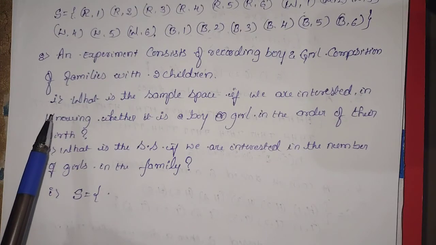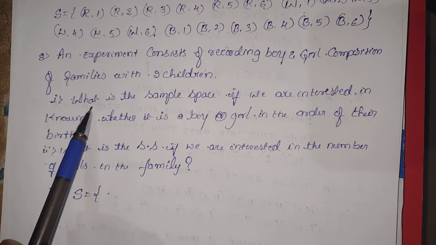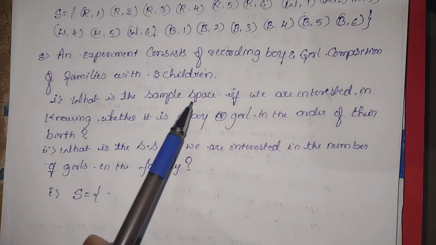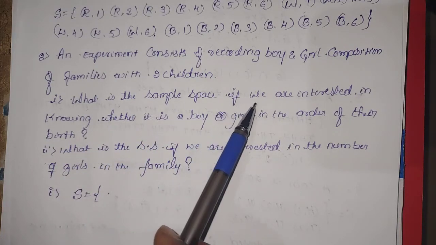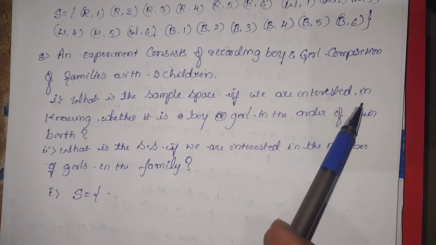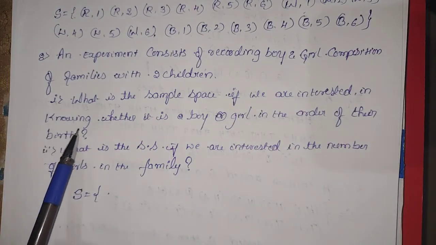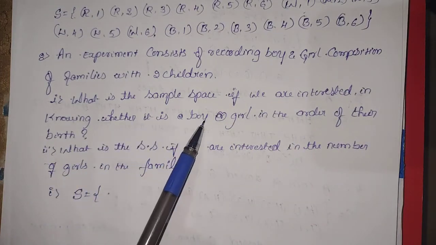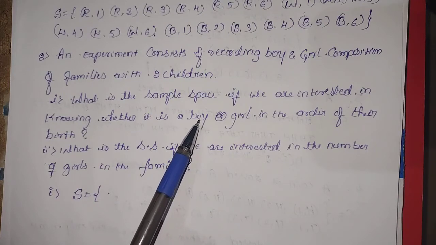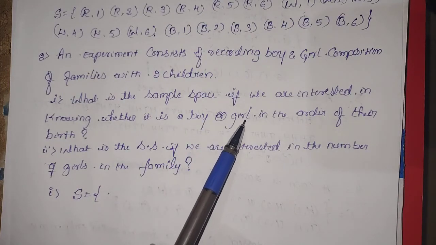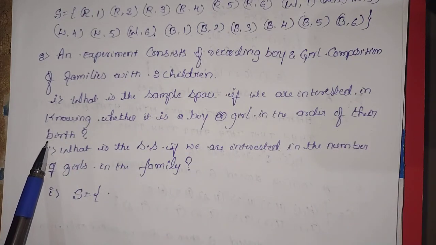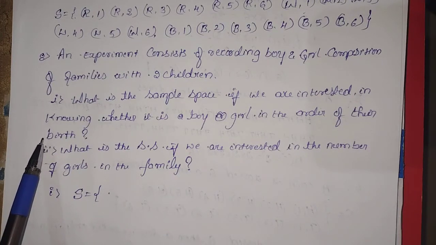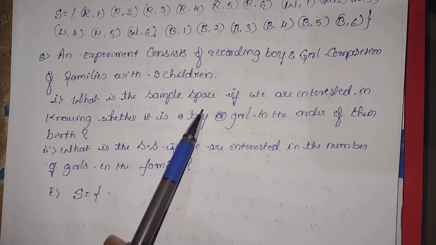Composition. So the first question is like this. What is the sample space if we are interested in knowing whether it is a boy or girl in order of their birth? That means we have to write the sample space.